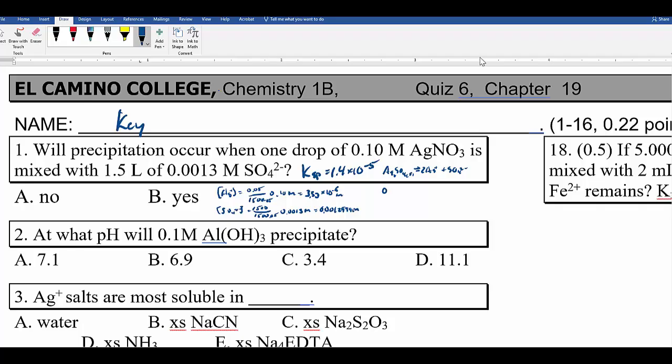All right, so when we're looking at QSP, QSP is going to be the silver ion concentration squared times the sulfate concentration. And so we'll just plug that in. Here's the silver ion concentration, 3.33 times 10 to the minus 6.